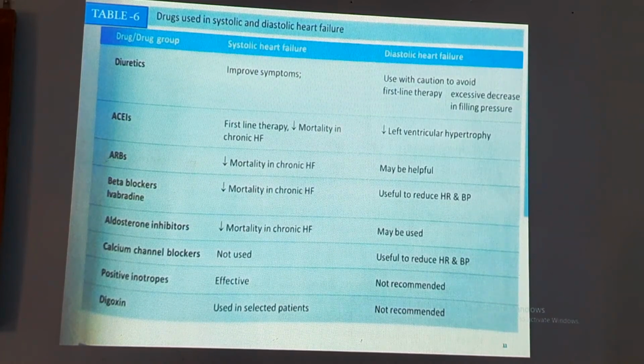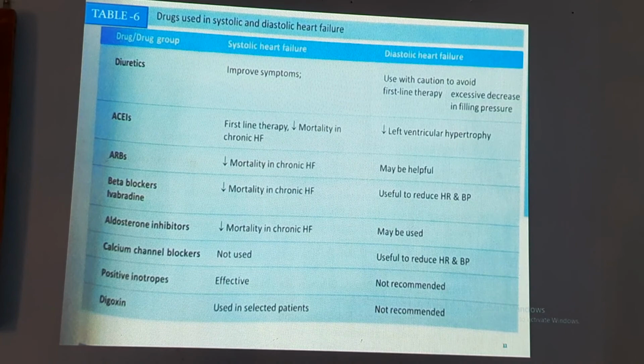Beta blockers and carvedilol: both these drugs decrease mortality in chronic systolic heart failure, and are also useful to reduce heart rate and BP in diastolic heart failure. Aldosterone inhibitors decrease mortality in chronic systolic heart failure, and in diastolic heart failure they may be used.